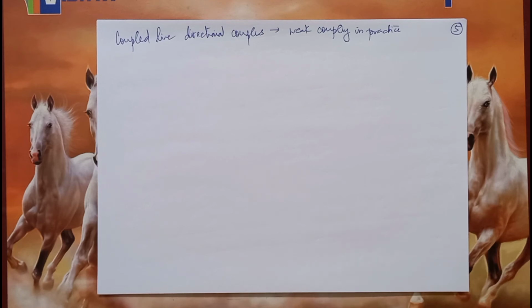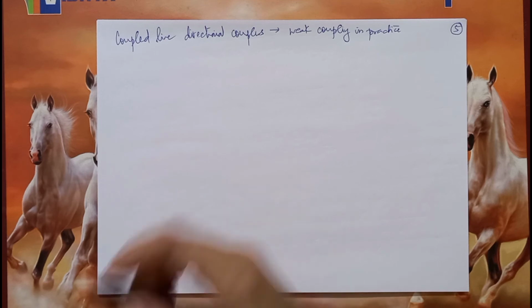So minus 10 dB means you are essentially sending 10% of the power as coupled and 90% goes to port 2. But if I want to send more power to the coupled port, my job becomes difficult. So the next question is, why do we need to send more power to the coupled port?